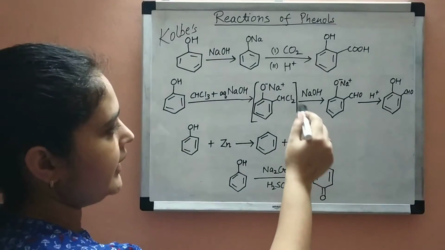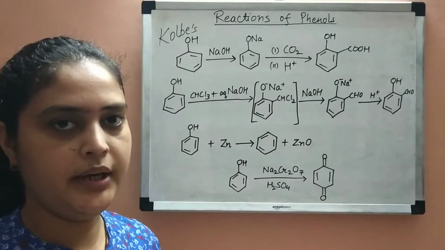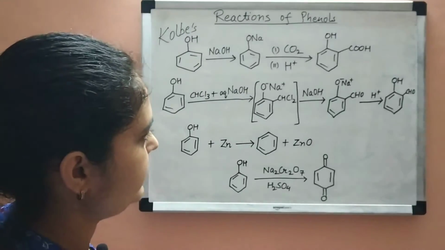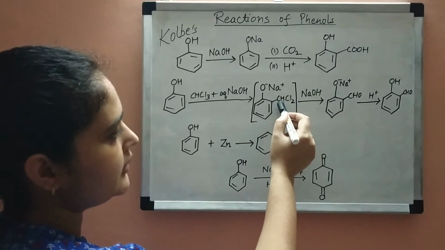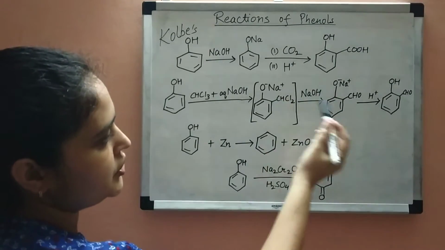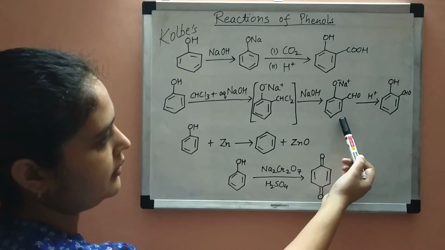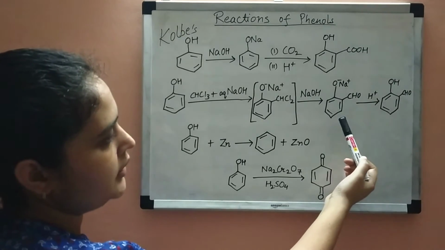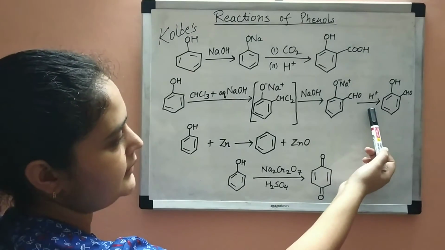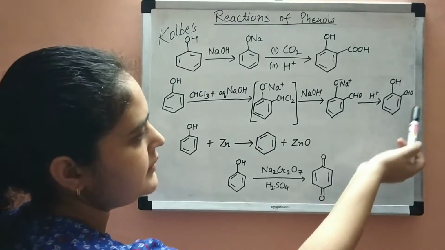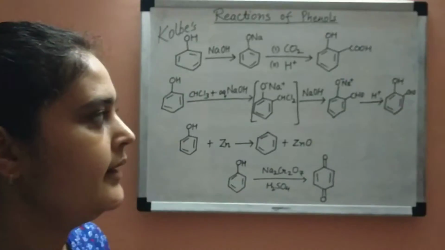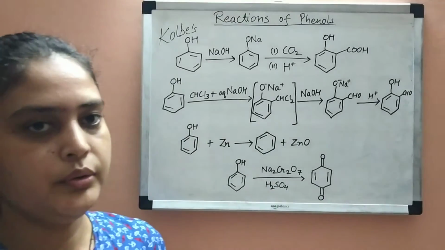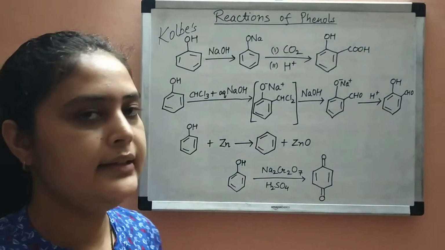Now again we add NaOH, that is sodium hydroxide. The CHO, that is the aldehyde group, is added at the ortho position, and we get this molecule. Now when you add acid, H+, the final product we get is 2-hydroxybenzaldehyde, which is also known as salicyl aldehyde.